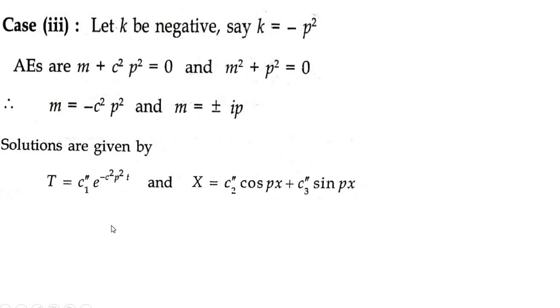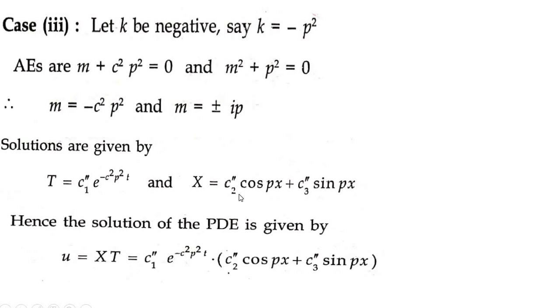Finally, write the solution of the partial differential equation. The solution when the constant k is negative is u is equal to X into T. So this is T and this is X. These are the three solutions of the heat and wave equation by the method of variable separable. Thank you.